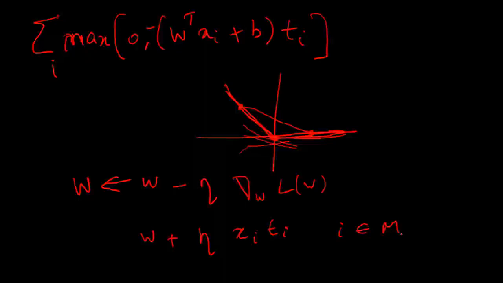So this is the perceptron learning algorithm that will lead you to the minimum loss, and it will stop adjusting as soon as all the points are correctly classified. This assumes that you have a linearly separable problem.